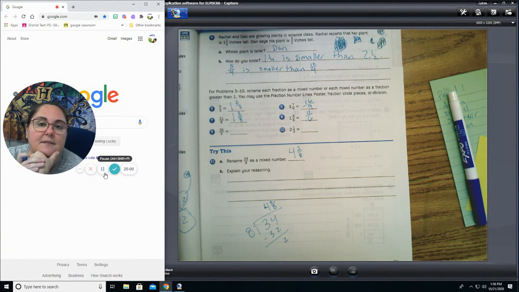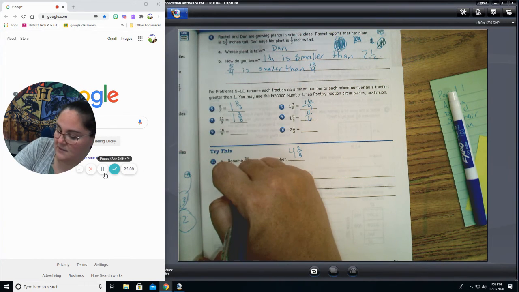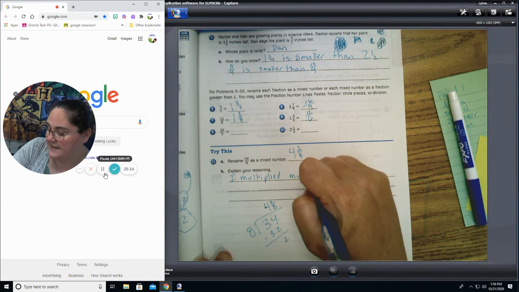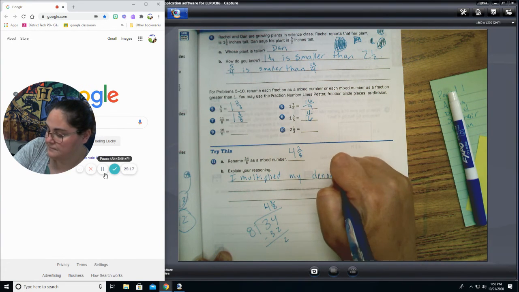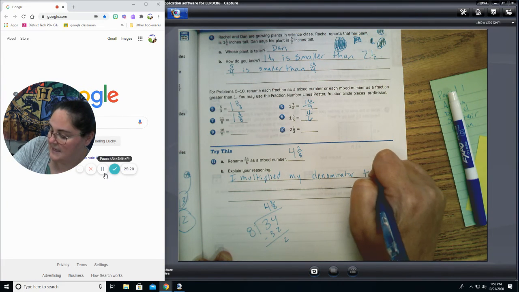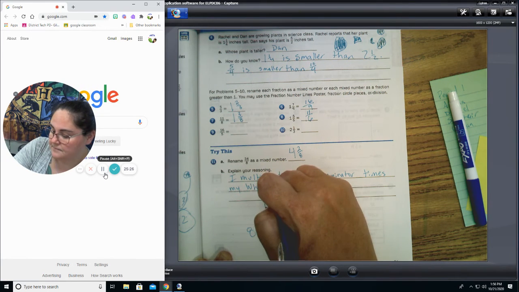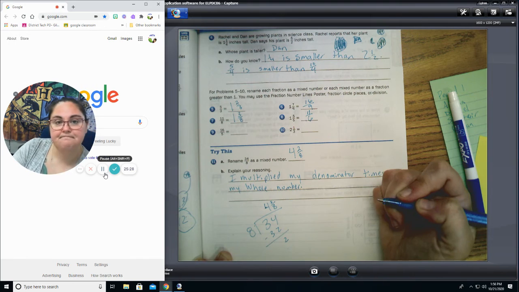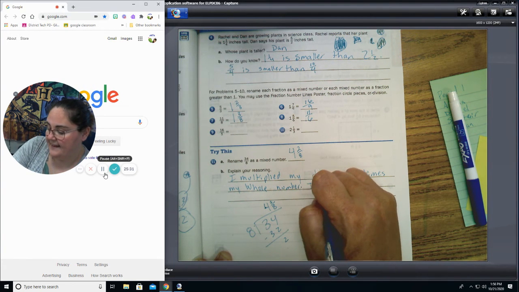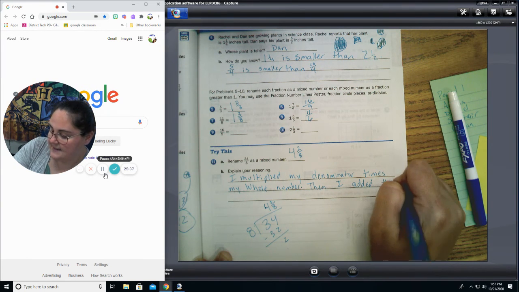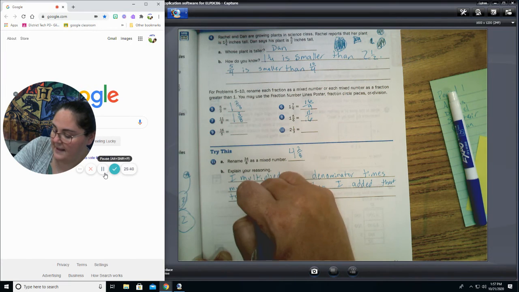Explain your reasoning. That means, how did you solve the problem? I multiplied my denominator times my whole number then I added that to my numerator.